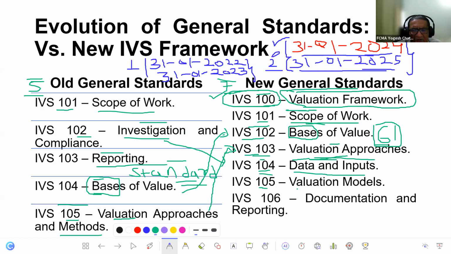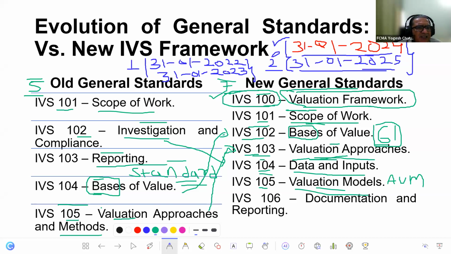105 is on valuation models. So one important development in valuation models is related to the use of AVM, automated valuation model. So today's world is of automation. Every process, whether related to operating activity or any support activity like HR, finance, all are automated.